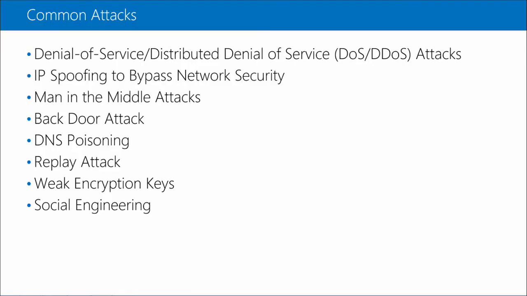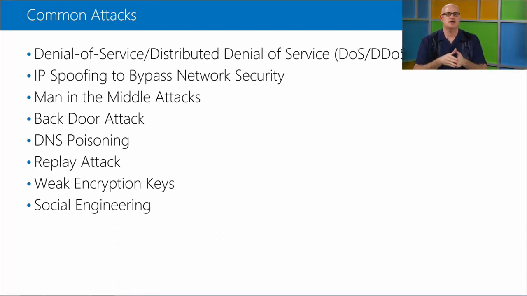And that brings us to common attacks. Things like denial of service, distributed denial of service, so DoS or DDoS attacks, IP spoofing to bypass network security, man-in-the-middle attacks, which we talked a little bit about, backdoor attacks, so using unsecured ports to access your system, DNS poisoning, so getting bad DNS information out there and causing inappropriate redirection.